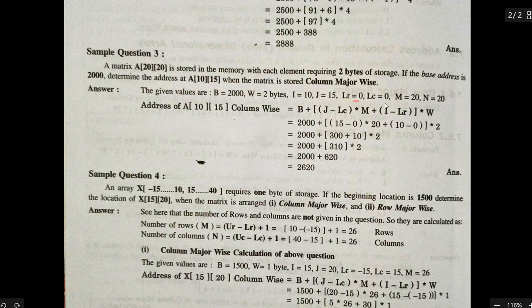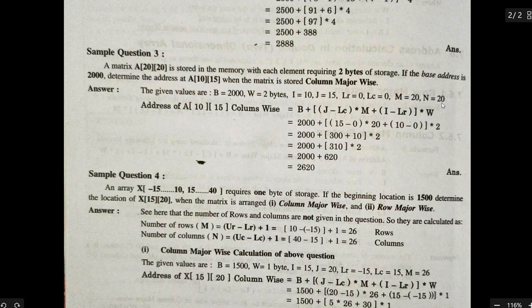So we have to take them as 0. Because our measurement starts from 0, 0. If the starting point is not given, then we have to take it as 0, 0. And if the starting point is given, then you have to use the mentioned values.